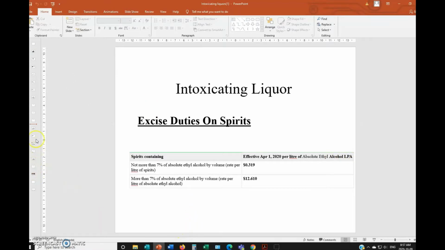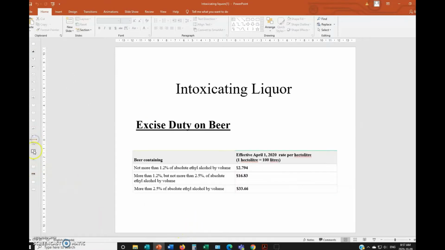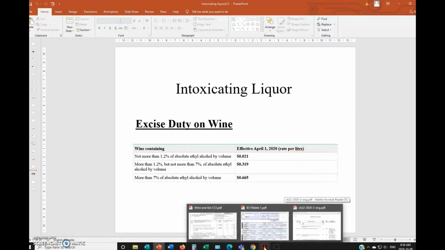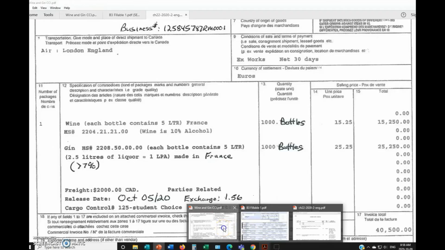On this one, it's a little different: it is an excise duty of $0.665, but it's on each liter. They don't care about the LPA. So with wine, we don't have to calculate the LPA. It's still a specific duty rate, but it's on the liters. So let's show you the assignment, and we'll show you how to figure it out.